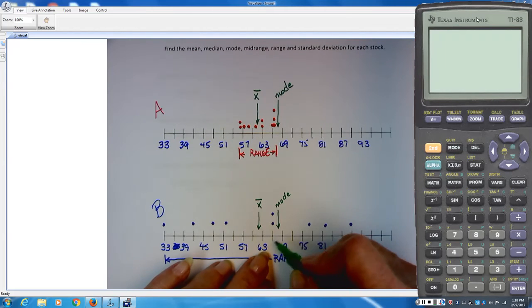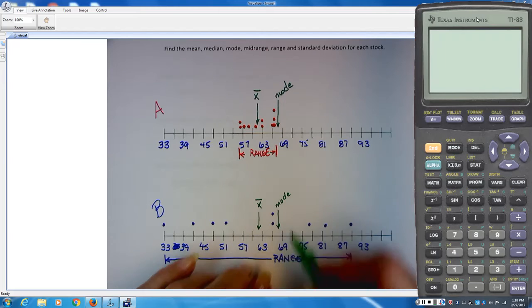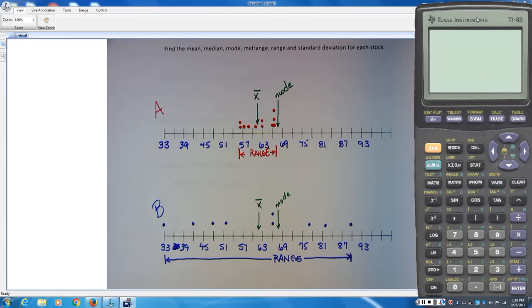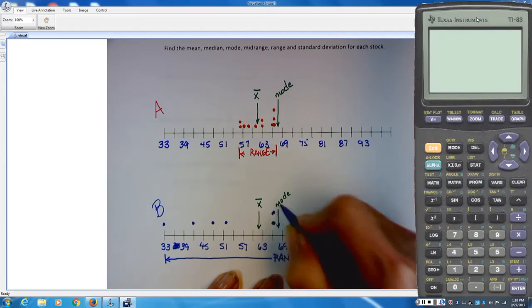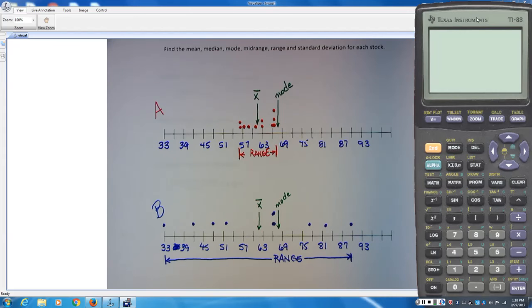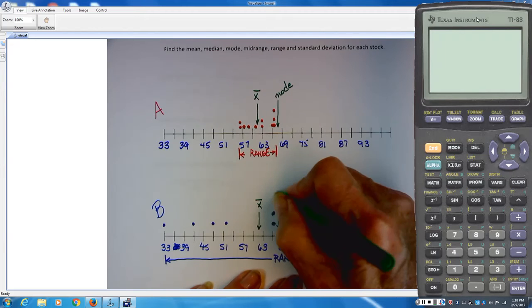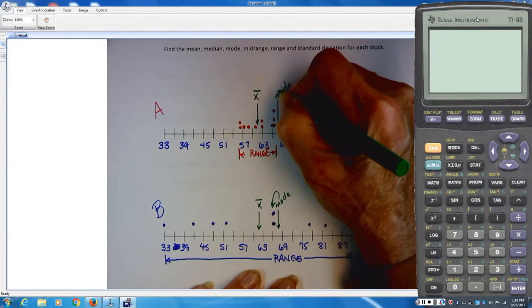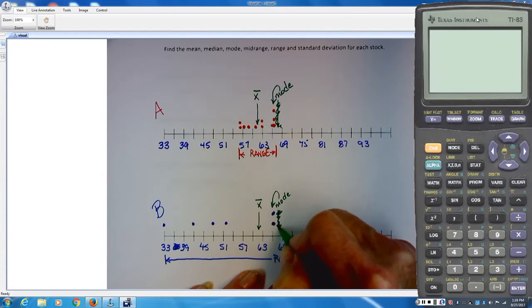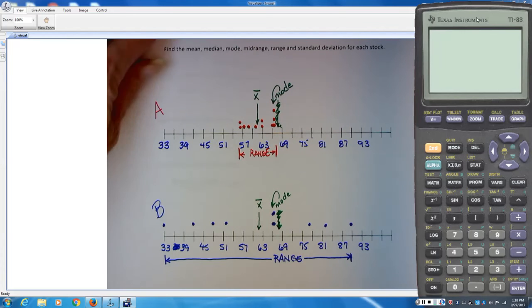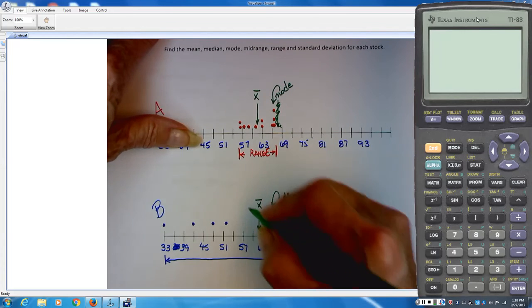Actually, I kind of messed up that one too. Let me move his little buttons over a little bit. So actually the mode was that 67, I just didn't have it in the right place. And then the median was $62 for both of them.